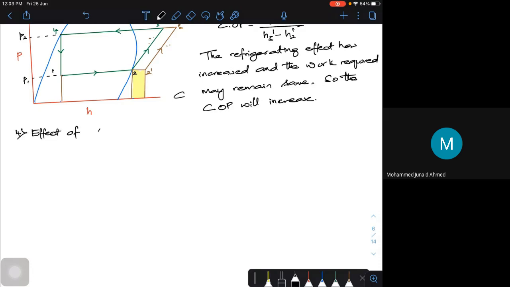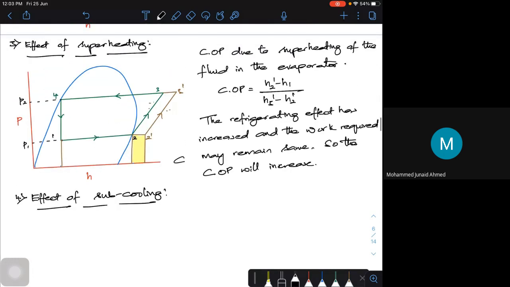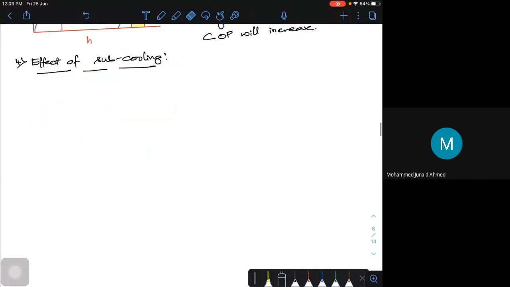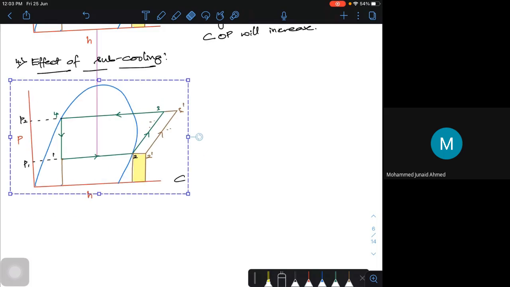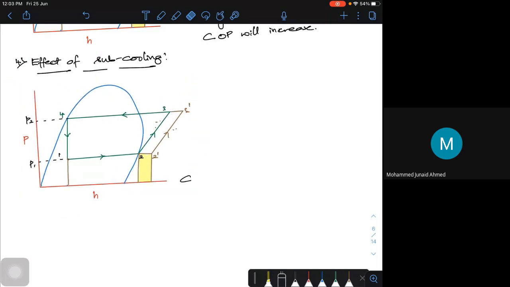Maybe the last one, the effect of subcooling. What is it actually? Let me take the same figure, the pH chart. Here I'm not going to do any superheating. I'll come towards point 4, and I'm going to subcool.